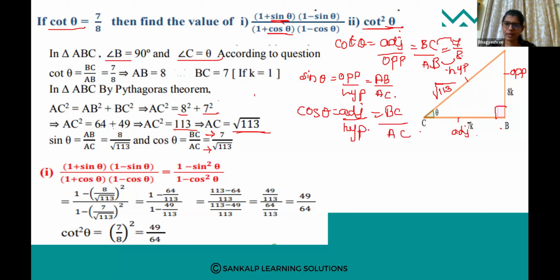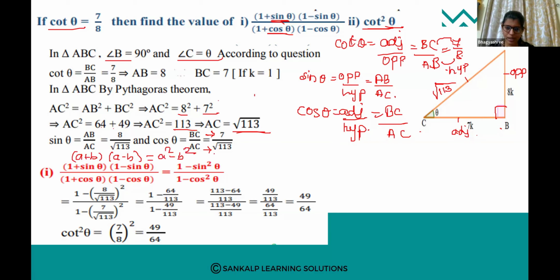First question is 1 plus sin theta into 1 minus sin theta divided by 1 plus cos theta into 1 minus cos theta. Okay. Let's see what we get. 1 plus sin theta into 1 minus sin theta, it is in the form a plus b into a minus b, that is equal to a square minus b square.